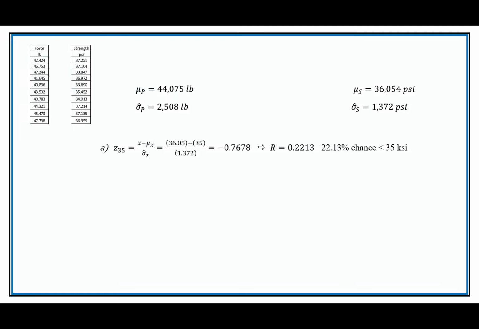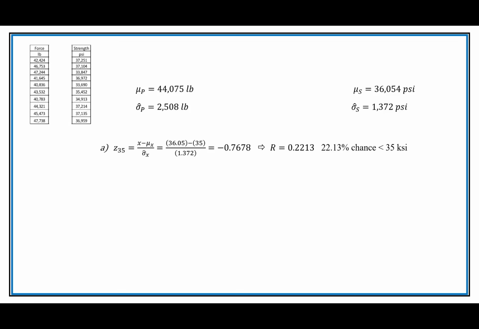So here are the values, the force and the strength. We get the average and the standard deviation from them. With that, we can get a Z transformation of the strengths, right? So we find where does 35 KSI lead?